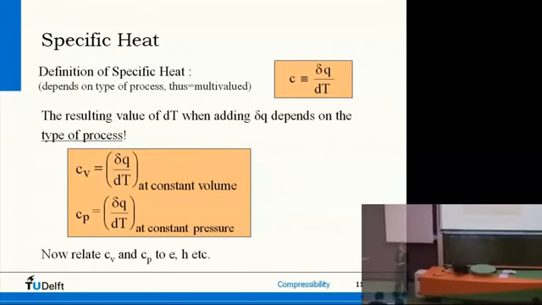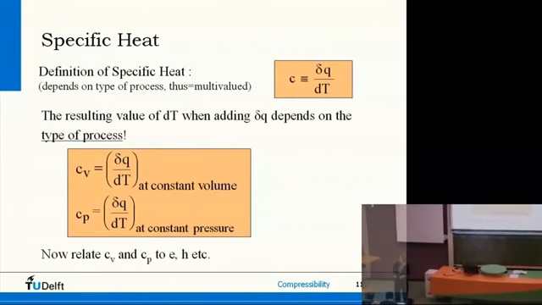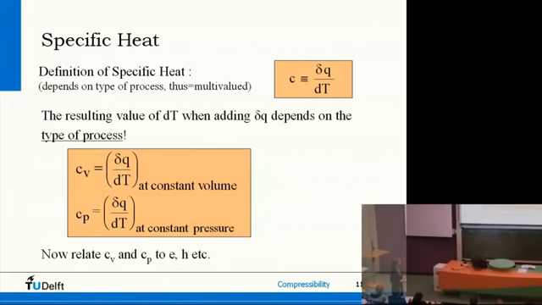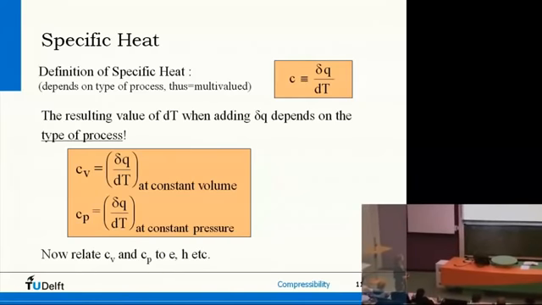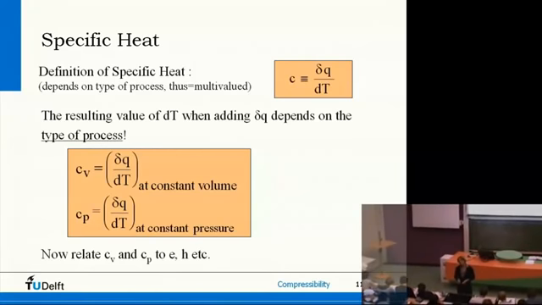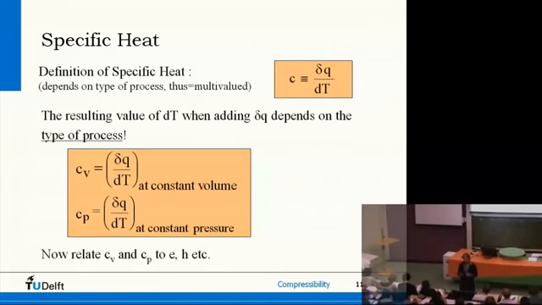Another definition, you probably had this at high school: the specific heat. The specific heat is a constant, and it tells you how temperature changes are related to heat additions or subtractions.